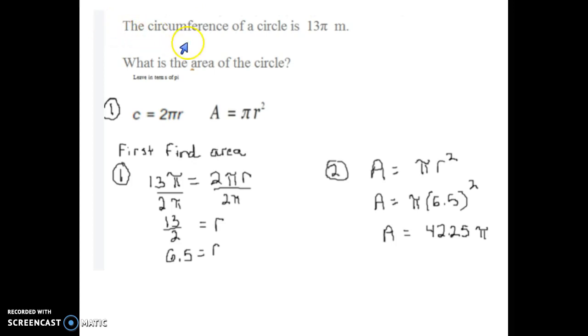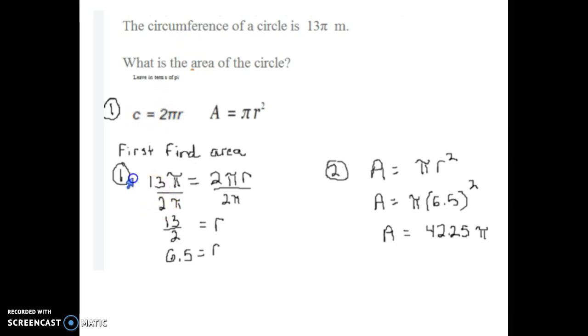This one, the circumference of a circle is 13 pi, and they want the area of the circle. All right, so 2 steps you're going to have to do here. Our circumference formula, remember, is the circumference is 2 pi r. The area is pi r squared. So first we're going to have to use the circumference formula to find our radius.